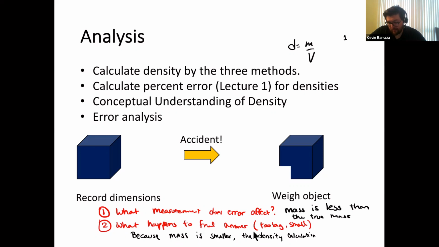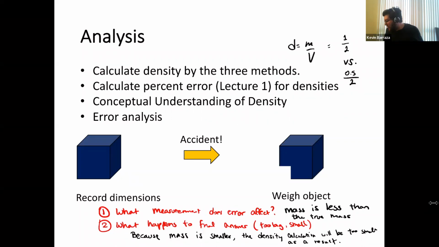If I put a 1 on top and a 2 in the denominator, versus 0.5 on the top and a 2 on the bottom, it will be too small, because if I put a small number on top, the result will definitely be small. So instead of having the true density, there's an error. This error will make my final answer of the density smaller than it should be.